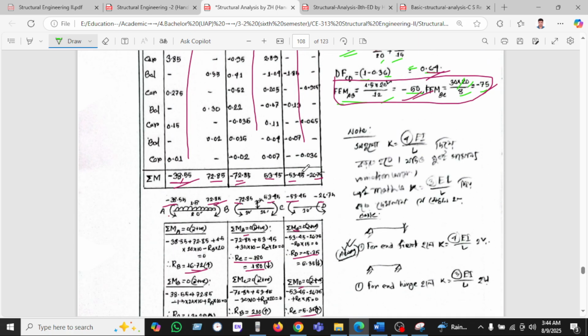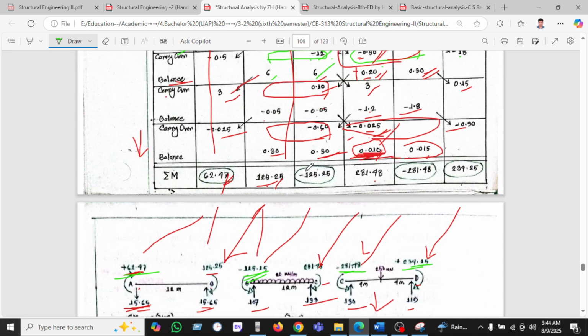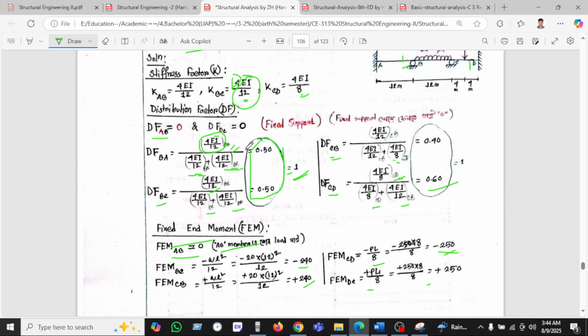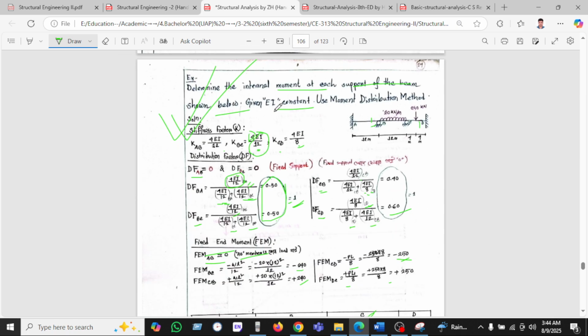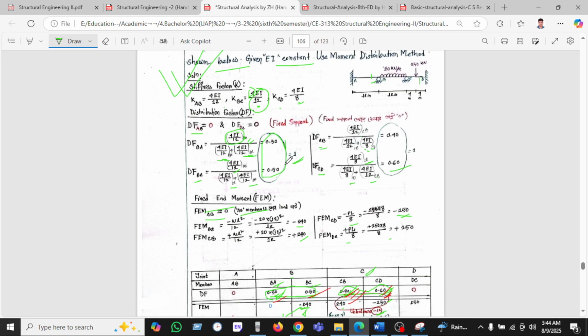But these are the basics, so we can follow this map. We will not follow the other maps, we just follow this map.